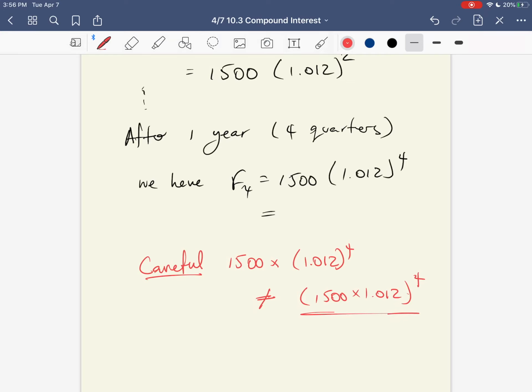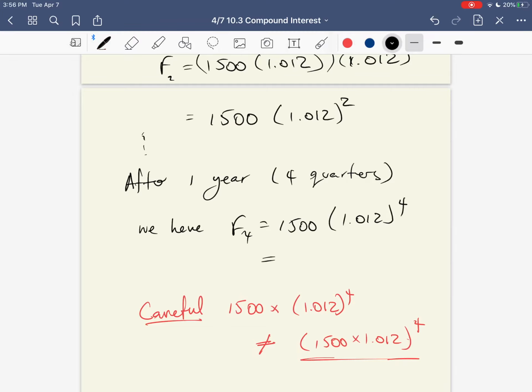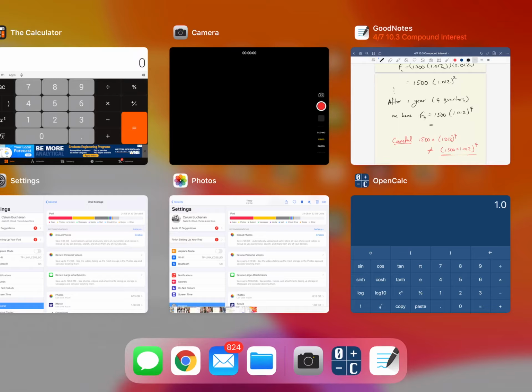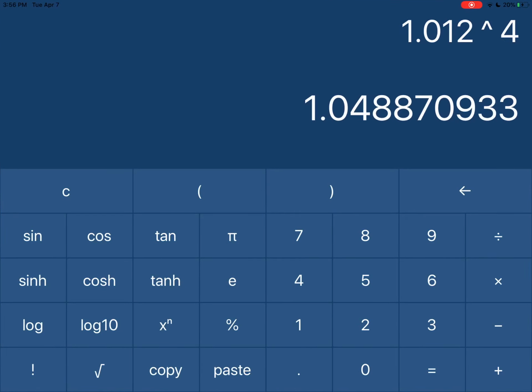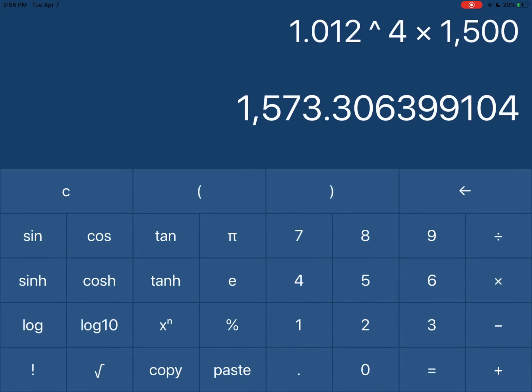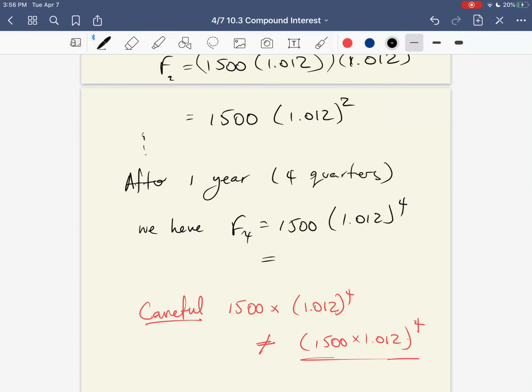Big difference. Okay. Order of operations. PEMDAS. Okay. 1.012 raised to the fourth times 1,500 is $1,573.30.